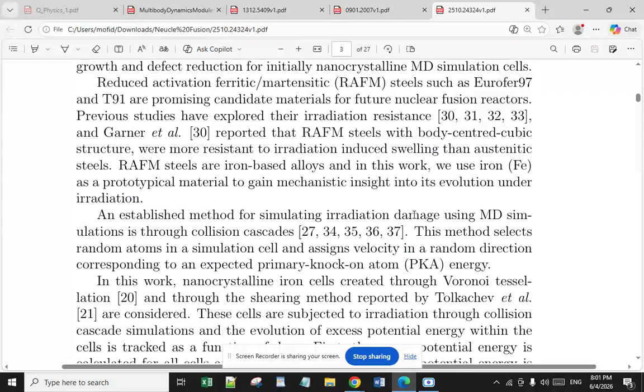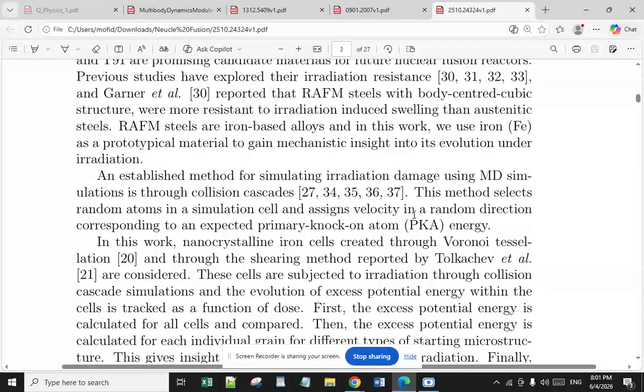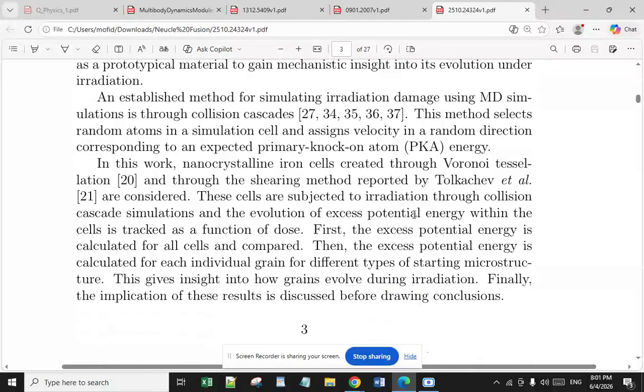Previous studies have explored their radiation resistance, and Garner and his colleagues reported that RAFM steels with body-centered cubic structure were more resistant to radiation-induced swelling than austenitic steels. RAFM steels, or reduced activation ferritic martensitic steels, are iron-based alloys, and in this work we use iron, or Fe, as a prototype material to gain mechanistic insight into its evolution under irradiation.